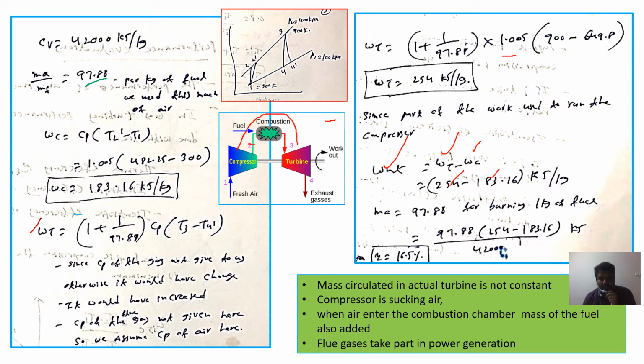Here also we know all the values, but mass of the air is 97.88 for burning 1 kg of the fuel. So calorific value is already given in the problem. So if we divide with the calorific value and multiply with the mass of the air, we can get the efficiency. Efficiency equals 16.5%.